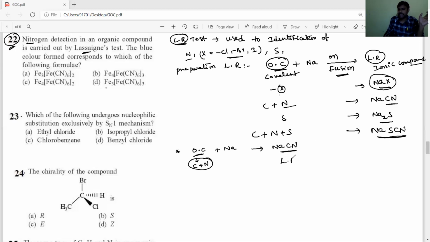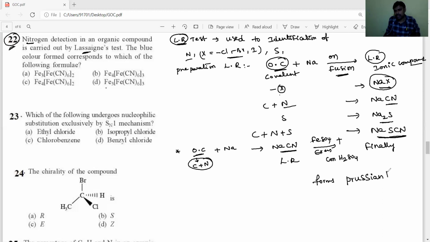This is Lassaigne's reagent. We add freshly prepared ferrous sulfate, an excess of it, plus concentrated H2SO4. Finally it forms Prussian blue color, the Prussian blue color complex.